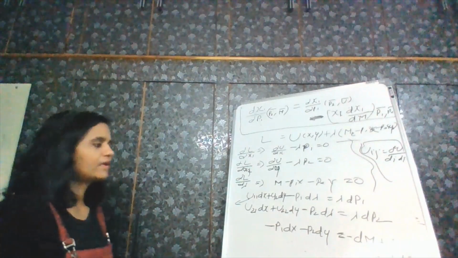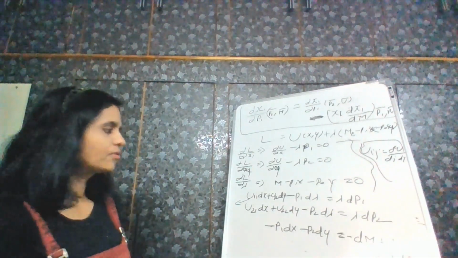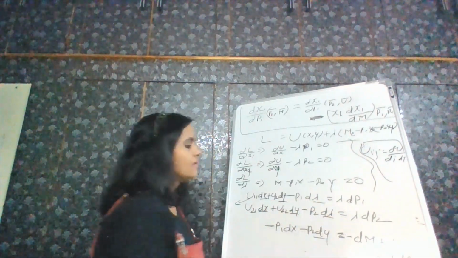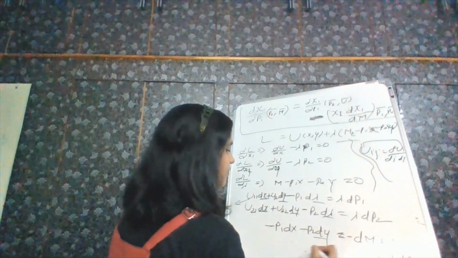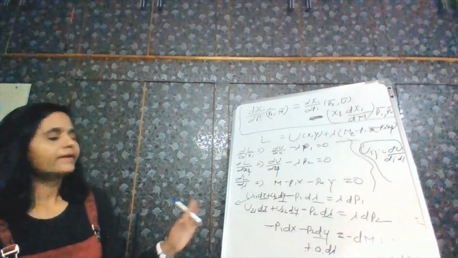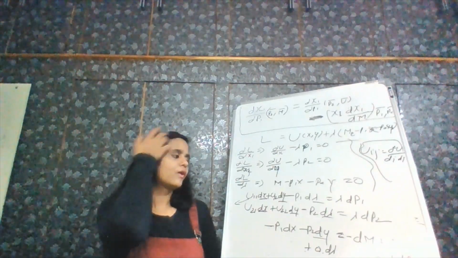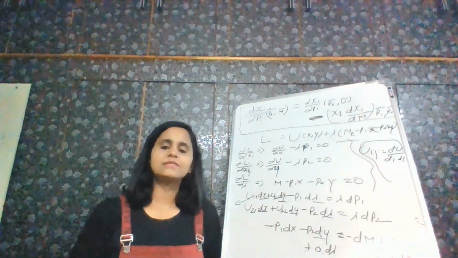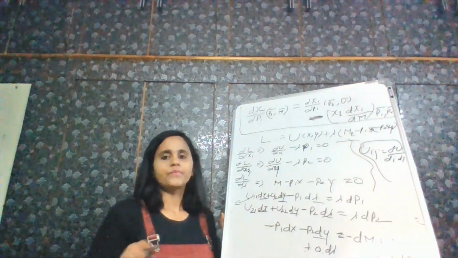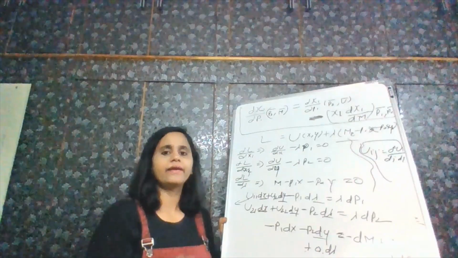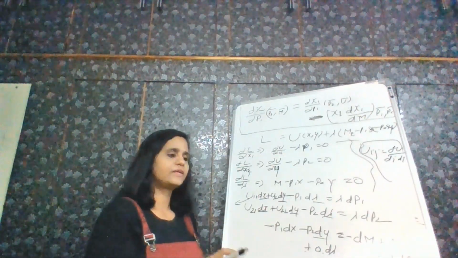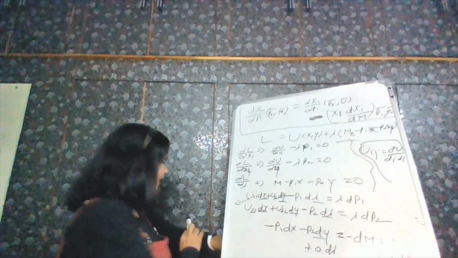That is the three equations, and three variables we are going to derive: dx, dy and d lambda. And d lambda is 0 here. We don't have any lambda term, so 0 into d lambda you can see. So dy and d lambda we are not concerned about, because we just want to know dx, which is the change in quantity x. So our aim is to find the change in quantity x, which is your price effect for x. Because of a change in price, what is the change in quantity x? So that is our main aim.